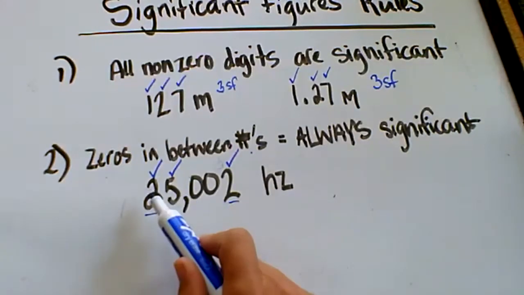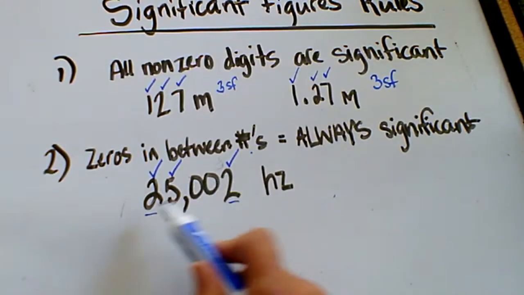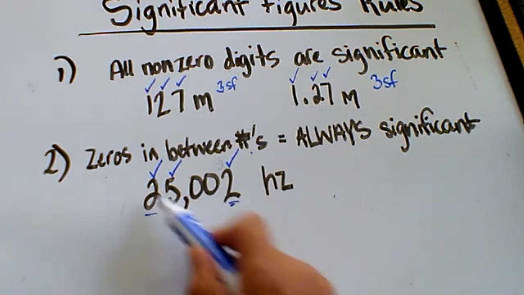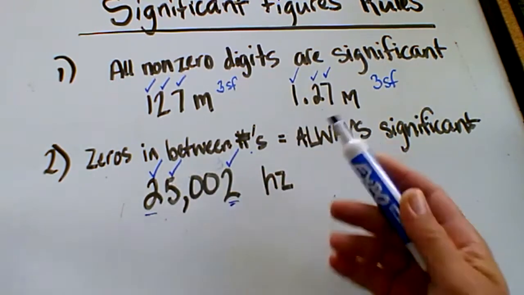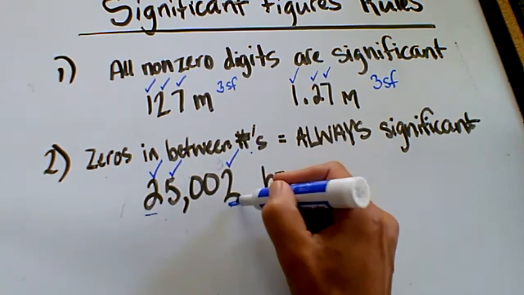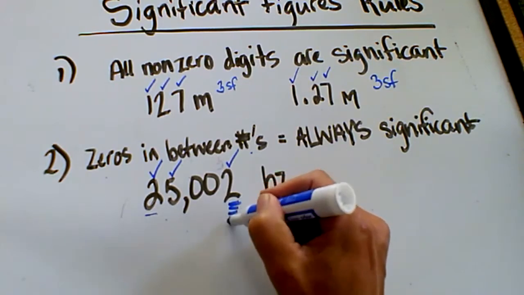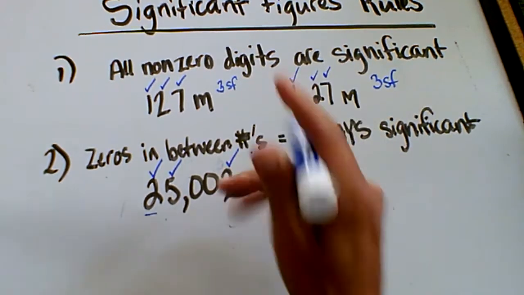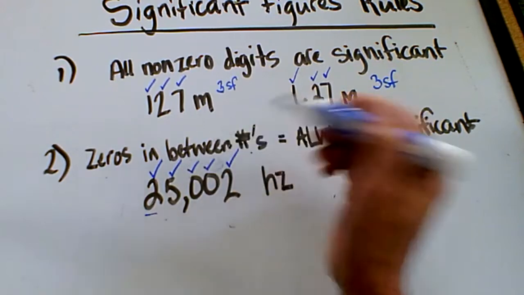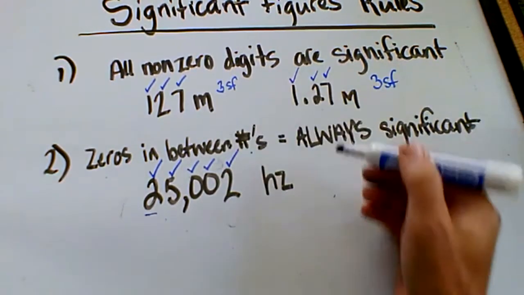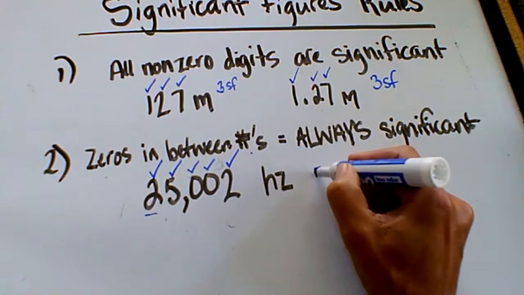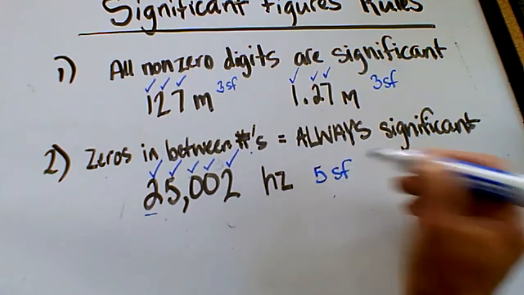It'll never be a yes, no, yes. If this is significant and this is significant, then everything in between is significant. Remember, this is the number we want to know which one was guesstimated. So therefore, this is significant. And this is significant. Zeros in between numbers, always significant. And we have 5 significant figures.